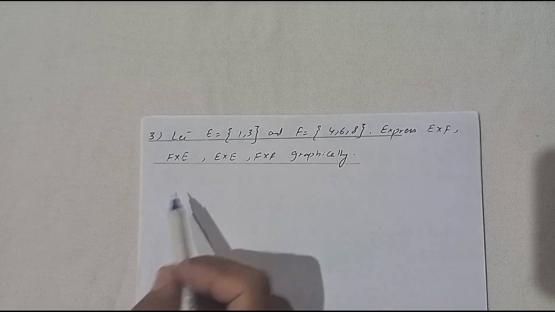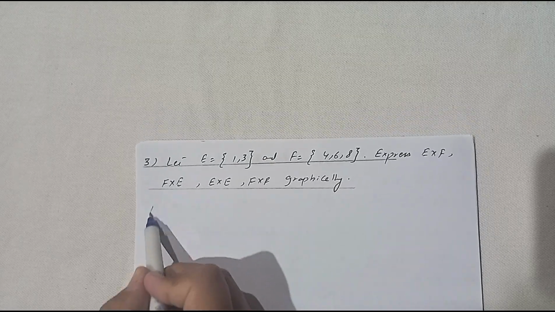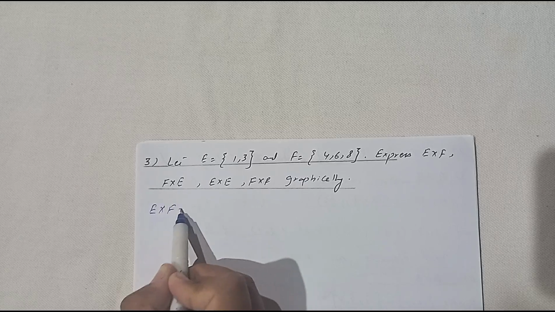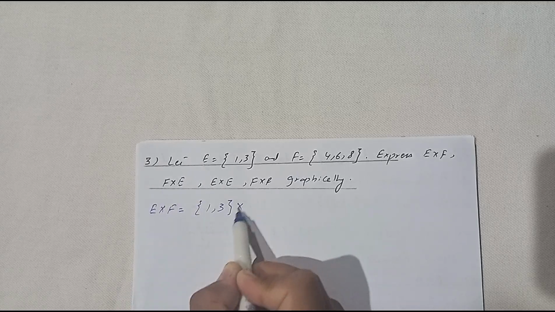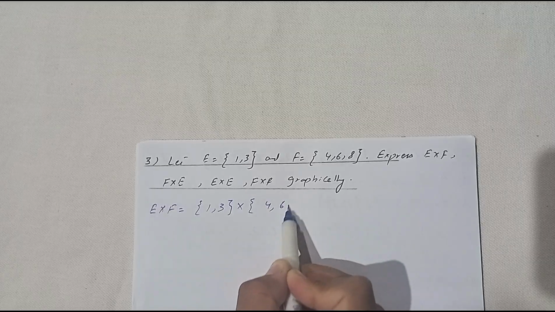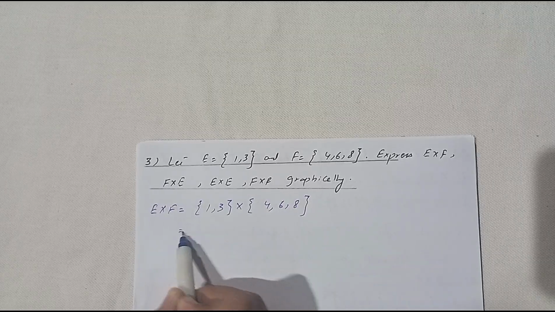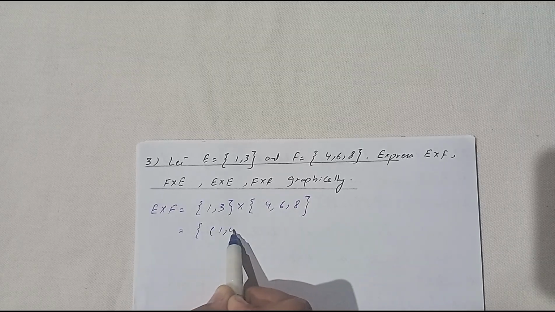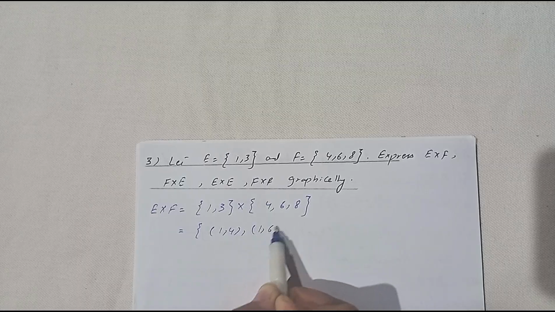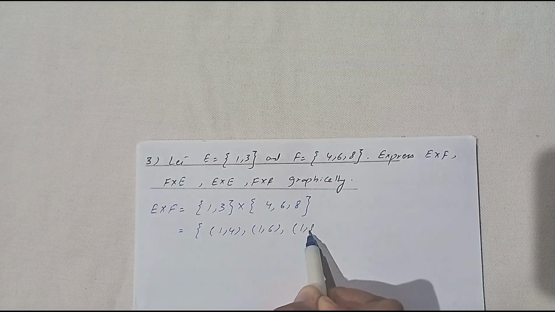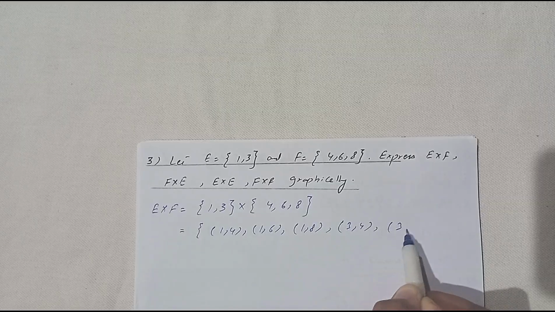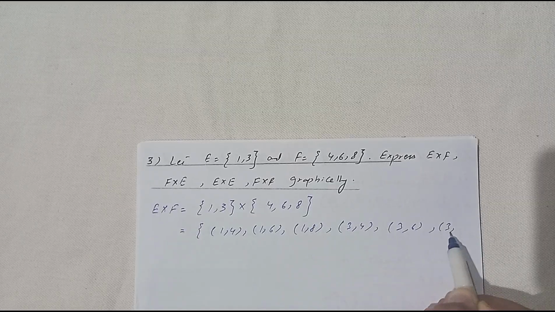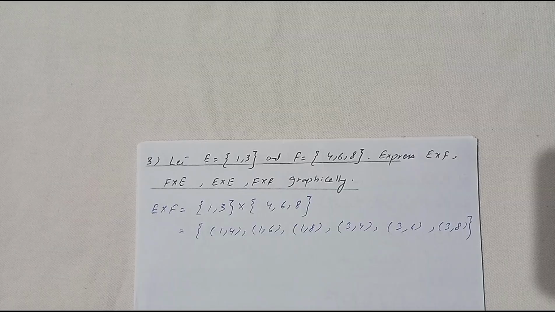First we find E cross F. E cross F equals the cross product of elements of E and F, 4, 6, 8. So that equals 1,4; 1,6; 1,8; 3,4; 3,6; and 3,8.